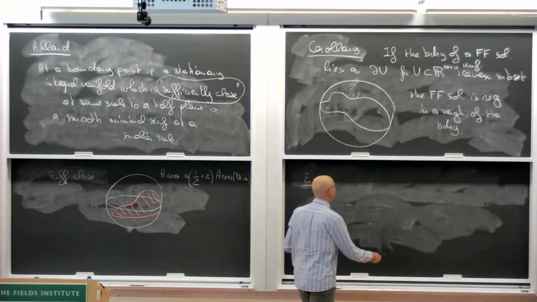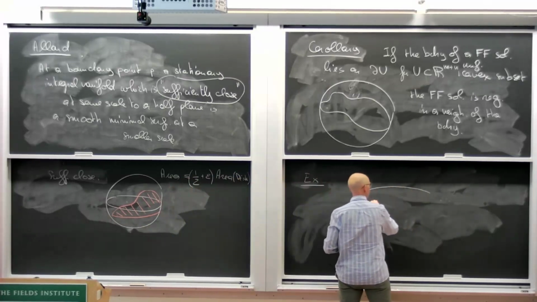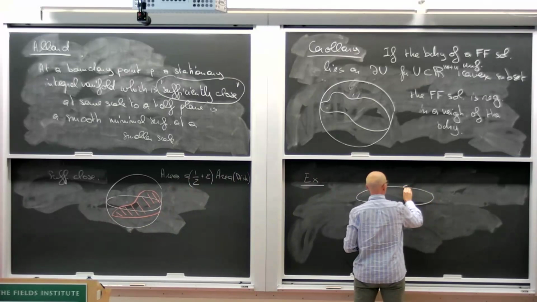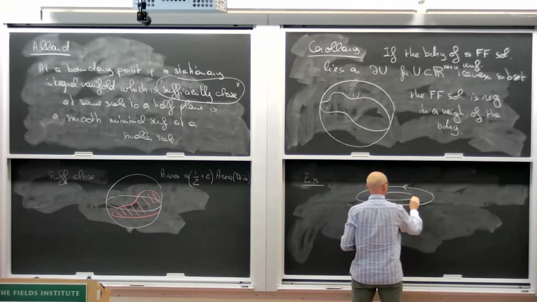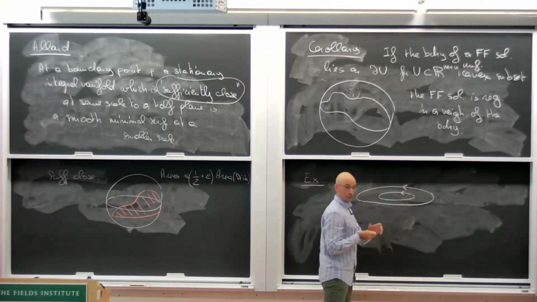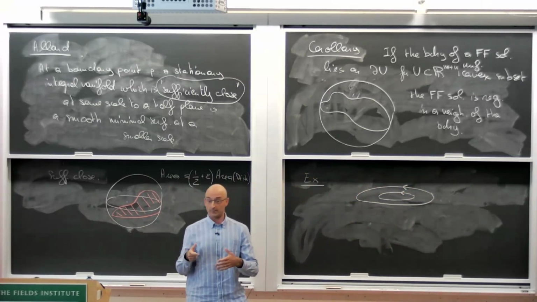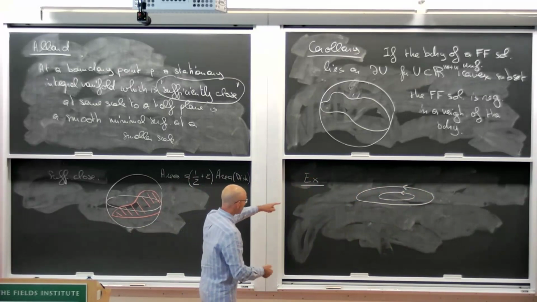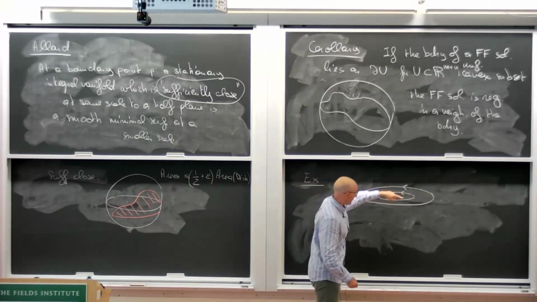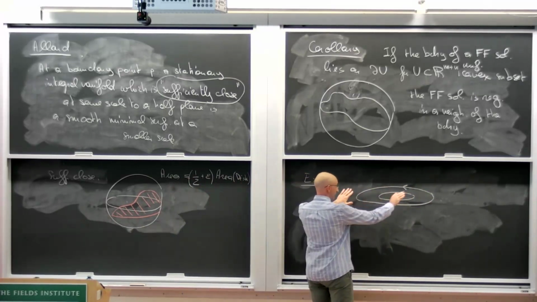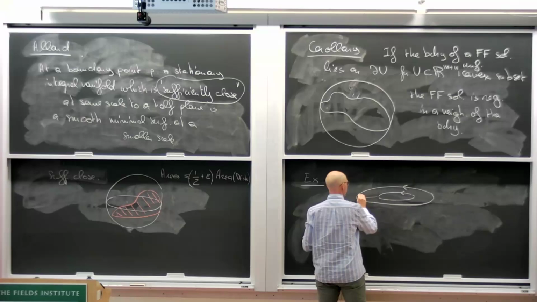So if I give you a boundary which is given by two circles which are oriented in the same way, and that's because when I am actually using the Federer and Fleming theory, there's an orientation which comes into it. So if I'm trying to solve it for two circles which are oriented in the same way, and they're lying in a two-dimensional plane, the solution is going to look this way.